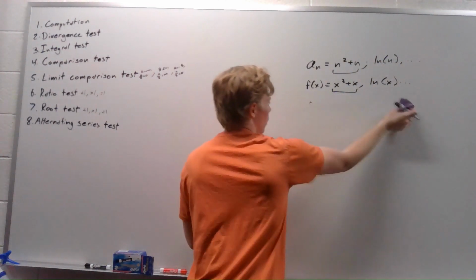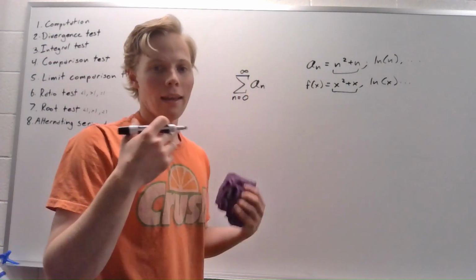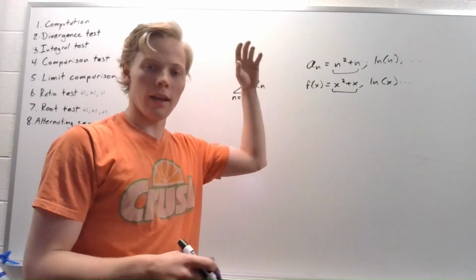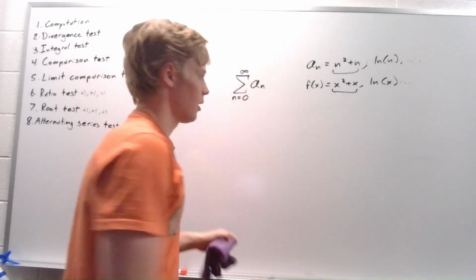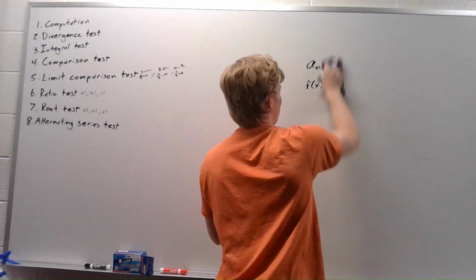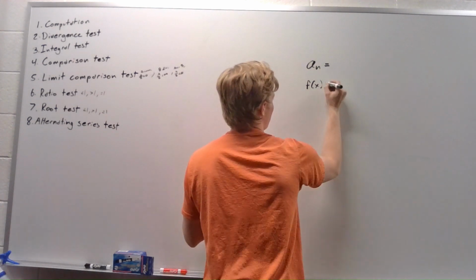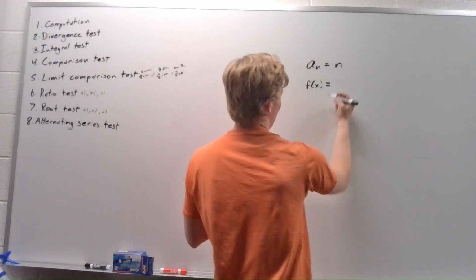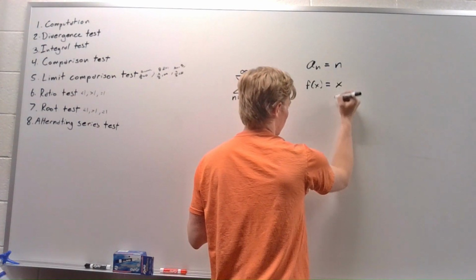And you can also take the derivative and the integral of functions of n and functions of x in similar ways. So if we choose simple functions for a sub n and f of x, let's have a sub n just be equal to n, and f of x is just equal to x.